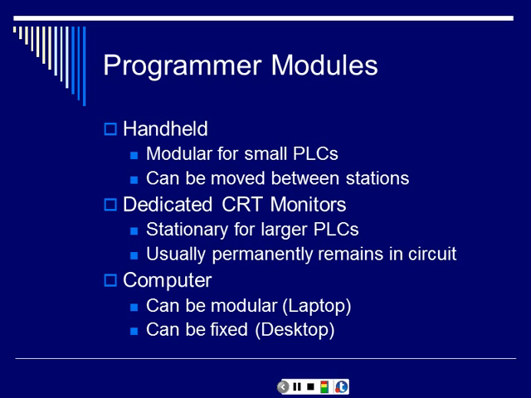Either way works, right? There are also some old PLCs that had dedicated monitors. We don't use those anymore because our laptops have those monitors. That monitor would permanently stay with the PLC.